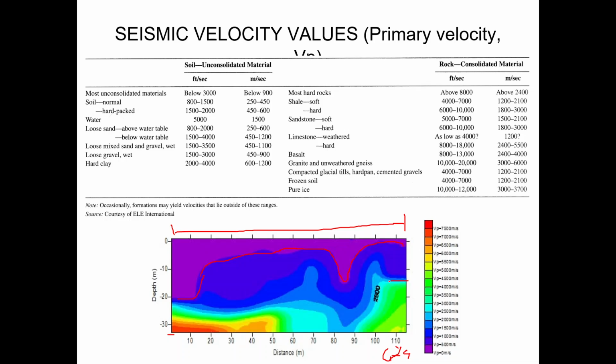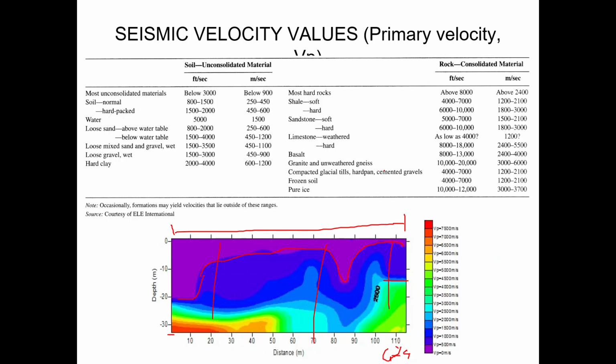Blue is somewhere here. So here you can see the variation of the soil profile, and here is different, because at every point we can get the soil profile. We call that a soil model.